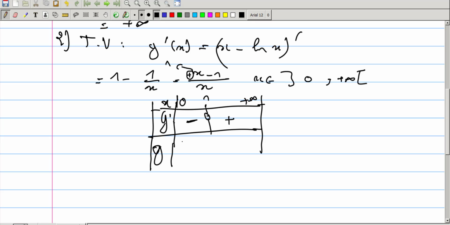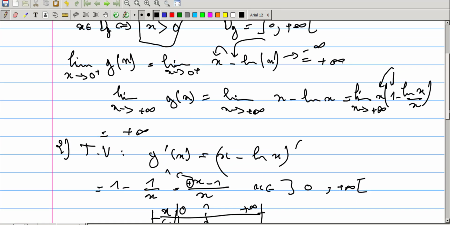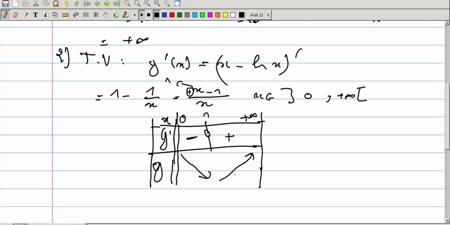Okay, good. So it will be going down and then up because of the signs. So if we take the f of 1, it's 1.